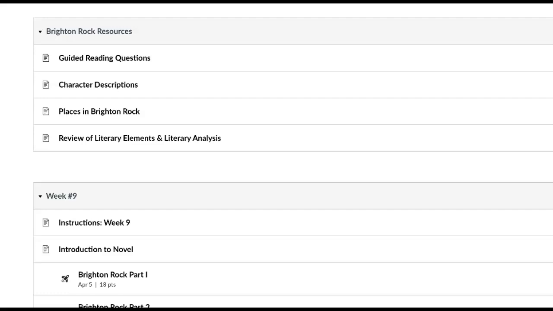And there are a couple of things that I want to mention for you all in terms of what that means for everybody. So you'll notice in your modules this week there's a section called Brighton Rock Resources, and in that there is a list of guided reading questions. You guys can take a look at those. Those are optional.